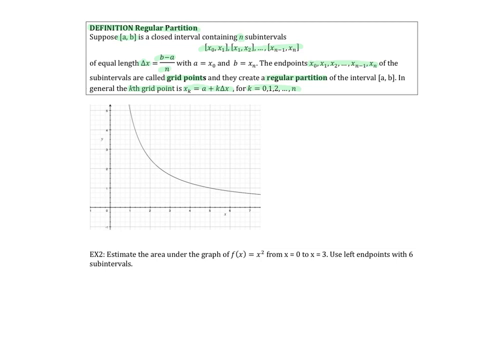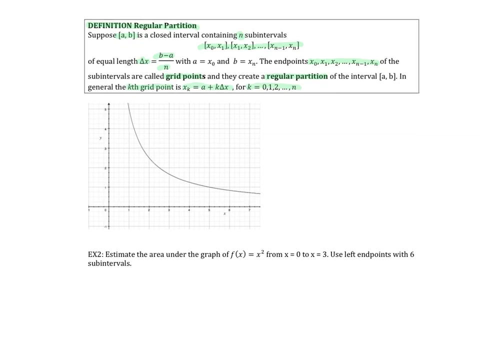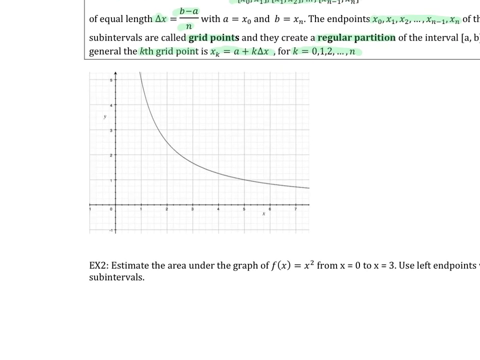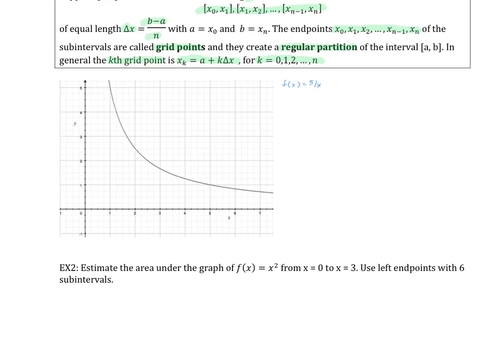All right, so let's go ahead and look at this curve again that we had on the previous page, and we'll look at all of this notation and discuss what it means with respect to this curve. So again, remember this function is 5 over x, and the interval that we're looking at is 1 to 5.